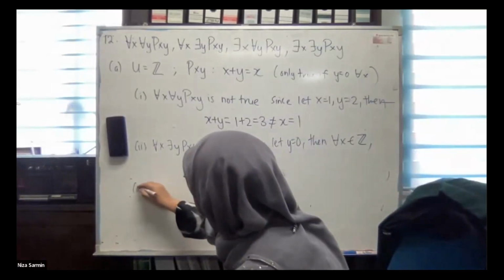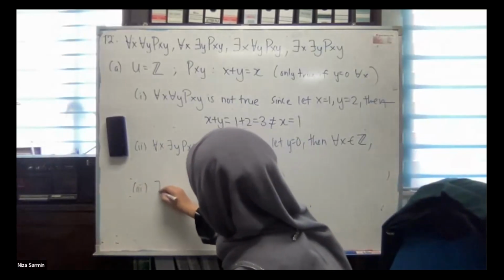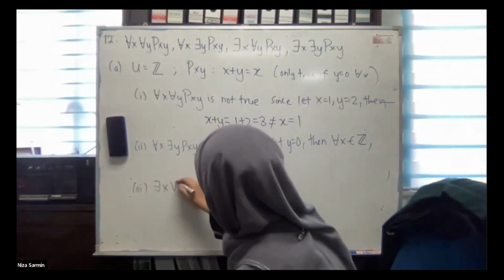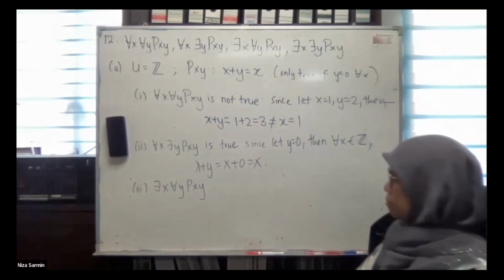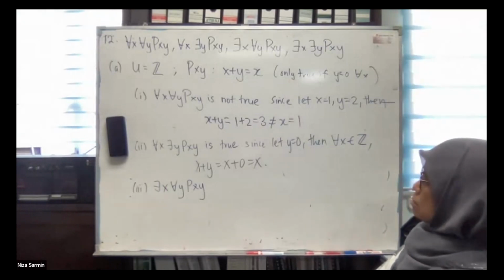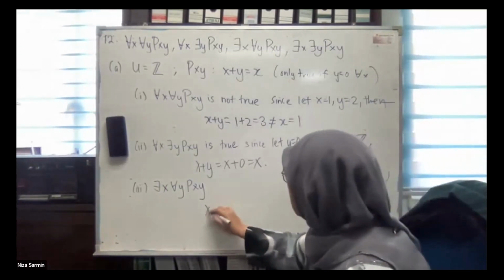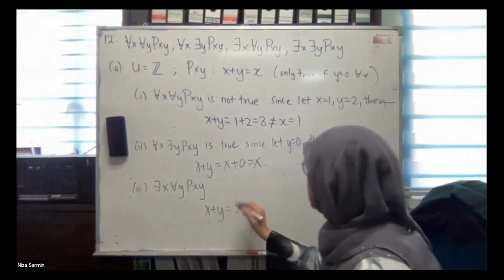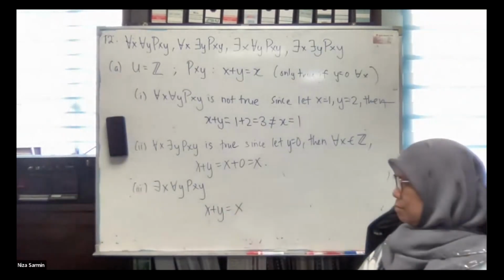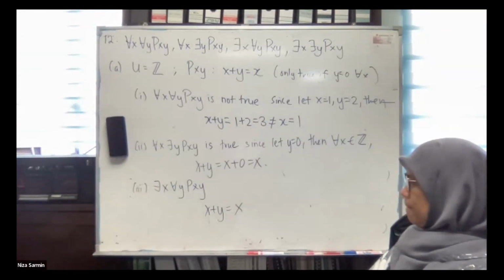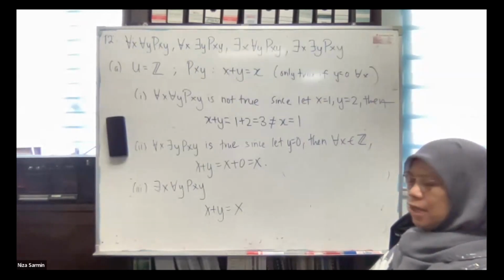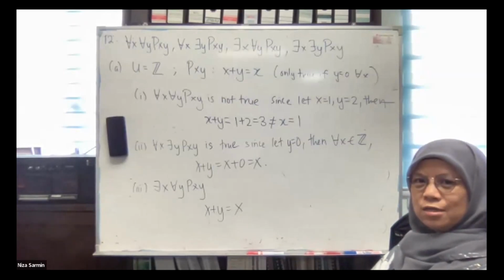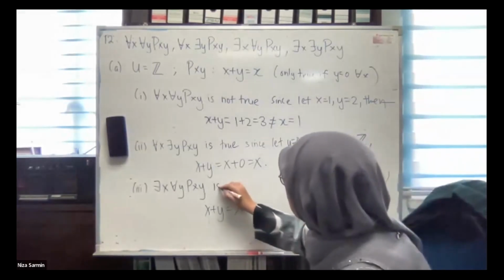Number 3, there exists x for all y, pxy. What does it mean? You want x plus y is x for all y, like if y is 2, is there any x so that x plus y is x? Is false, right?